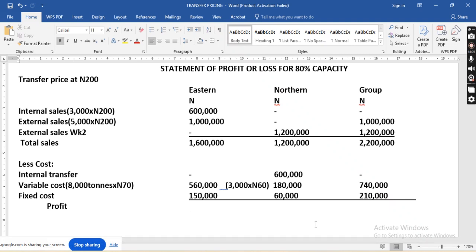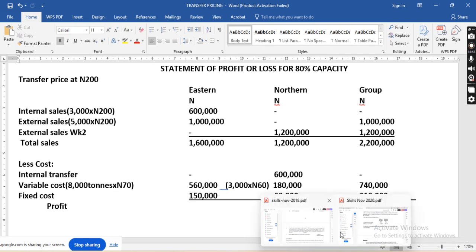I wanted to ask why we're using 8,000 tons for Eastern, since we're not using blocks.